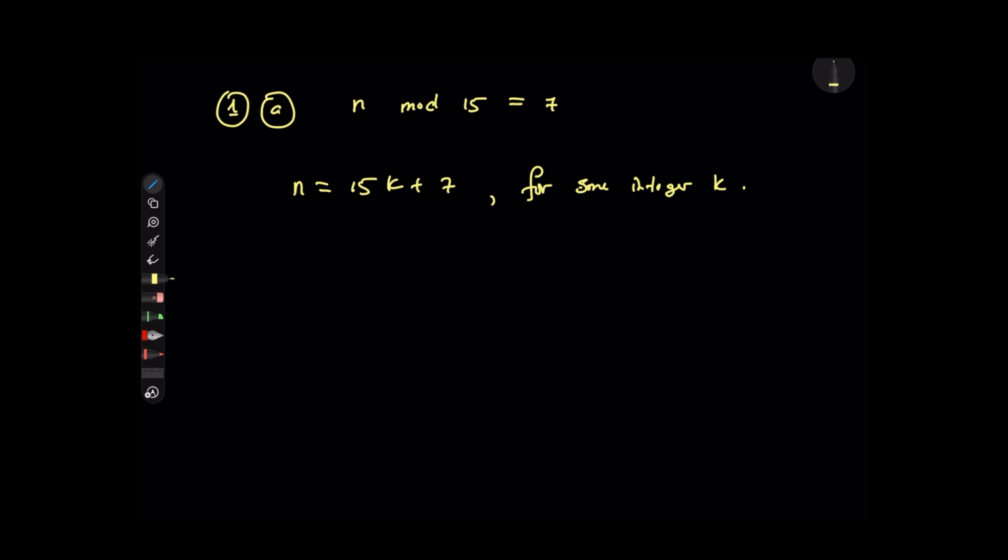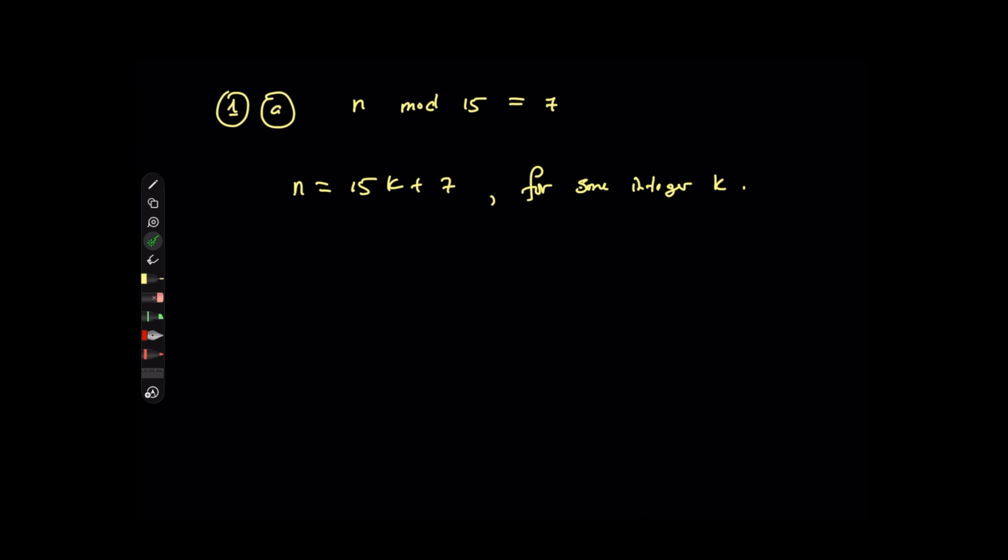Now I'm seeing that I can approach this question in 2 ways. Either I can use this definition which I just formed, or I could use the definition of congruences with the fact that the remainder is 7 and then solve it.